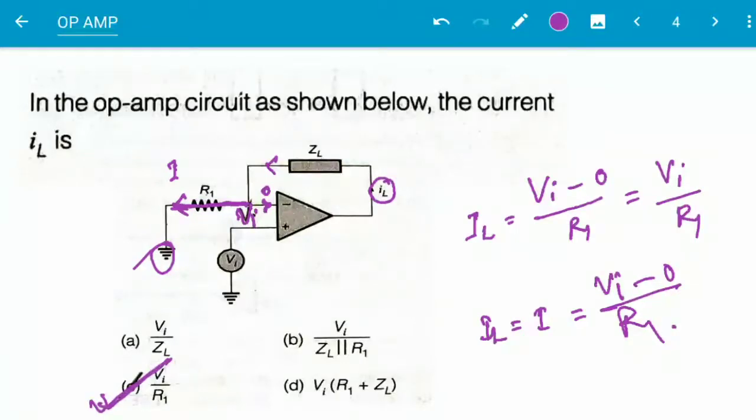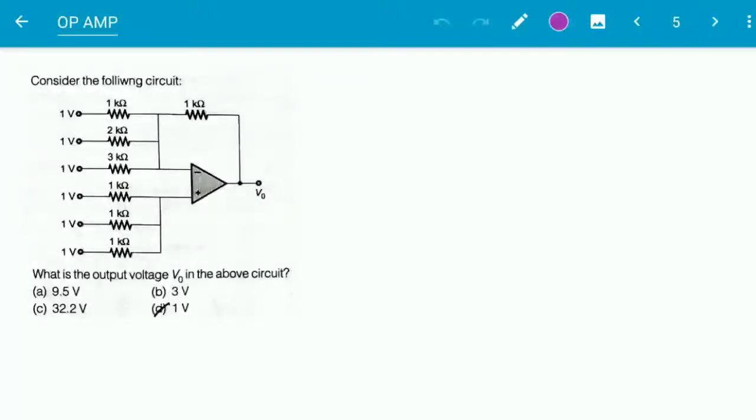This is the answer. Next question: consider the following circuit. What is the output voltage V0 in the above circuit? Generally, in this type of problems, such as the addition amplifier or amplifier for subtraction, we memorize the formula, the inverting amplifier formula, the non-inverting amplifier formula.